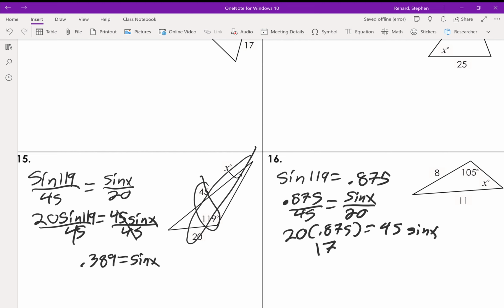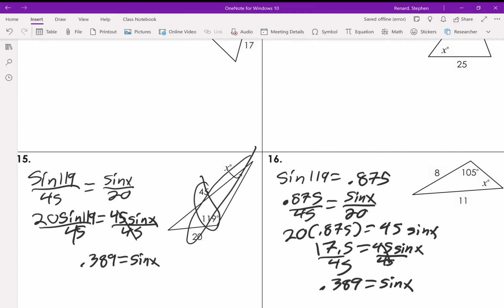This will give me 17.5 equals 45 times the sine of x, and I divide by 45. And lo and behold, I get 0.389 equals the sine of x.